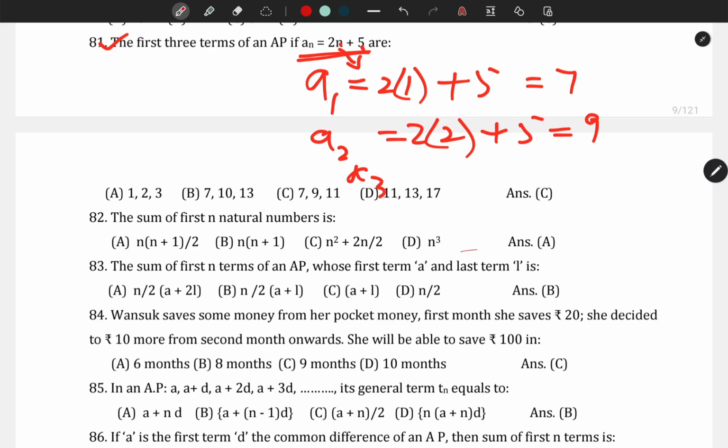For the third term, in place of n we put 3: 2 times 3 is 6, plus 5 is 11. So the three terms are 7, 9 and 11. So the correct option is C, 7, 9 and 11.